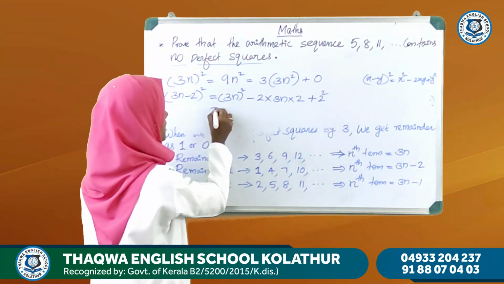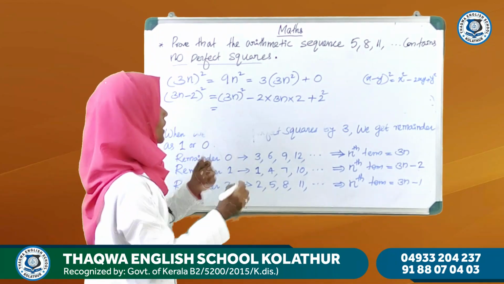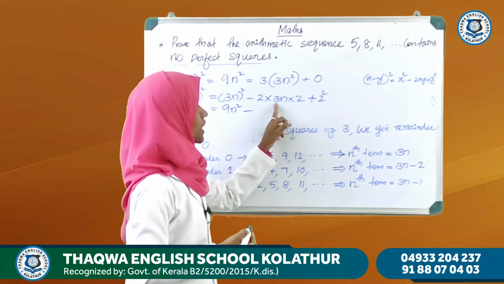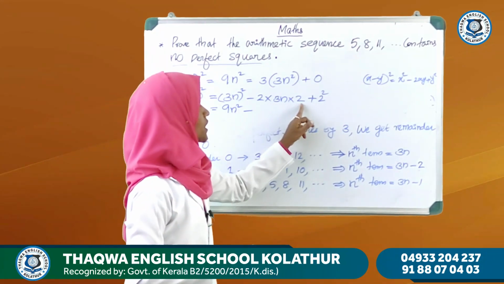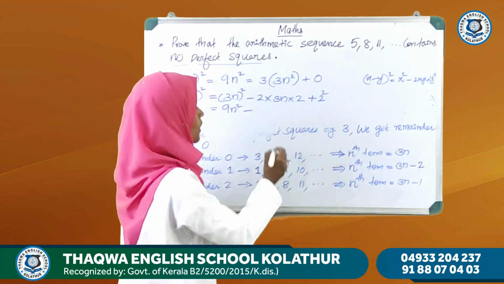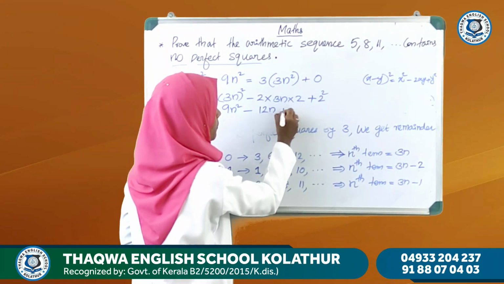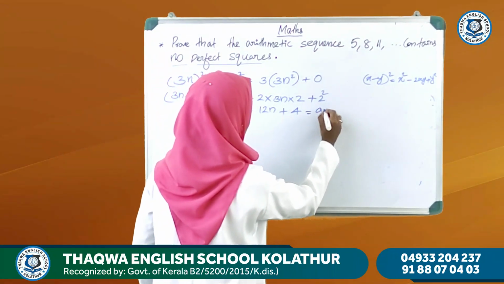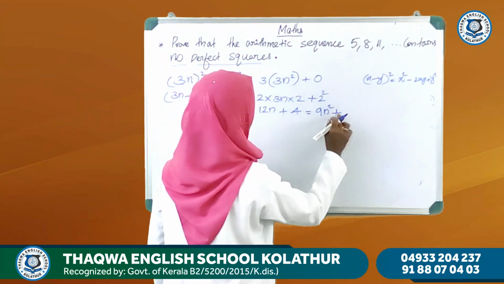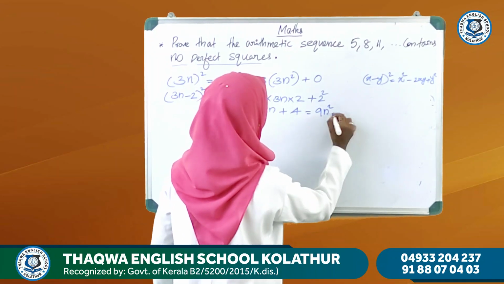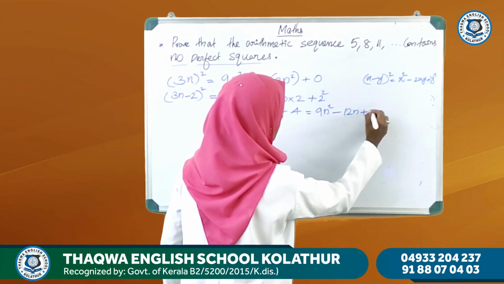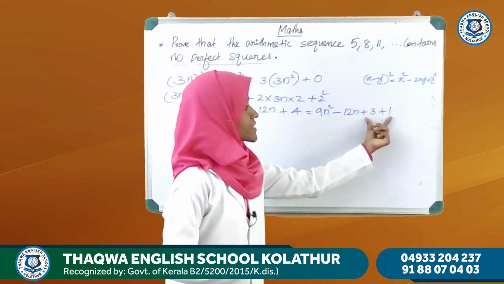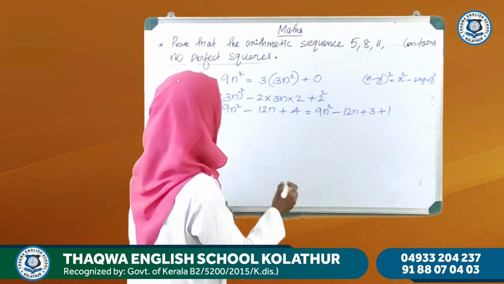That is 3n whole square is 9n square, minus 2 into 3, 6; 6 into 2, 12n, plus 4. That is 9n square minus 12n plus 3 plus 1. 4 can be written as 3 plus 1.